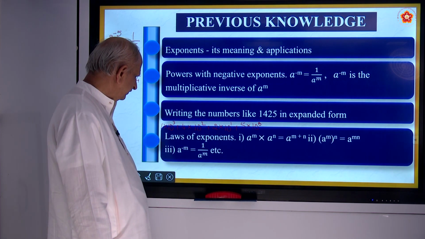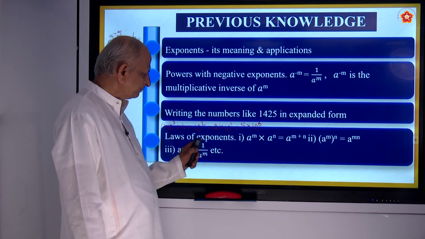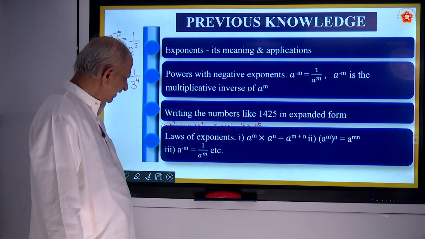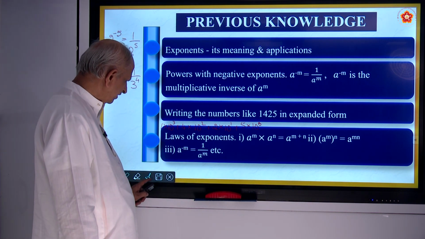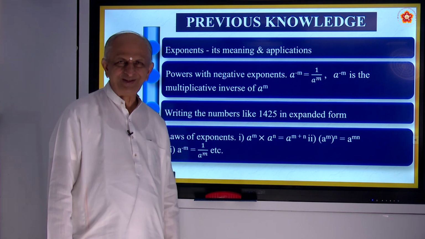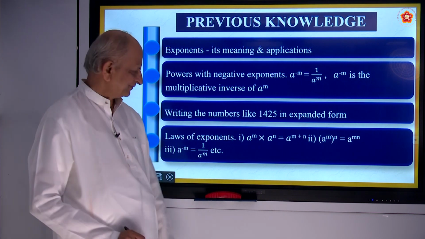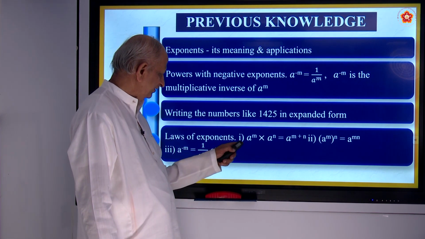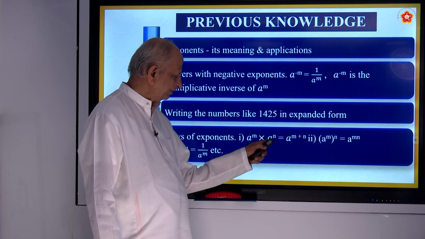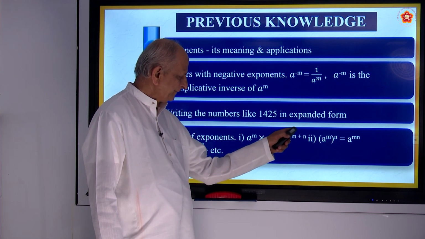And one more thing is laws of exponents. LAWS, not LOSS. What is LOSS? Losing. These are the laws. So the first law says a to the power of m into a to the power of n is equal to a to the power of m plus n.